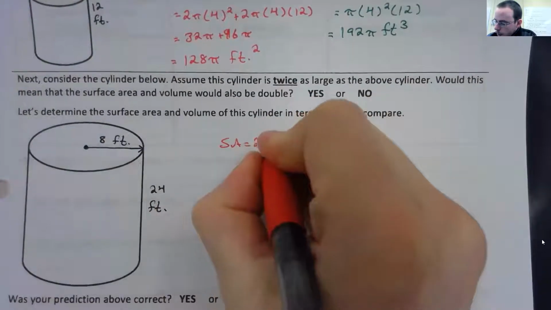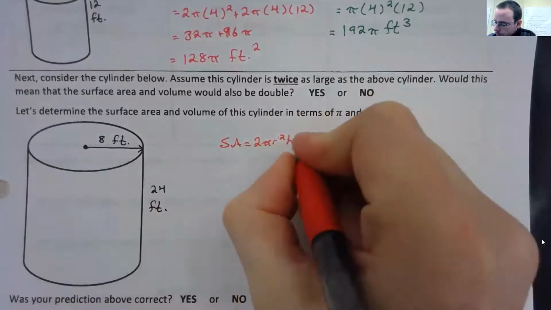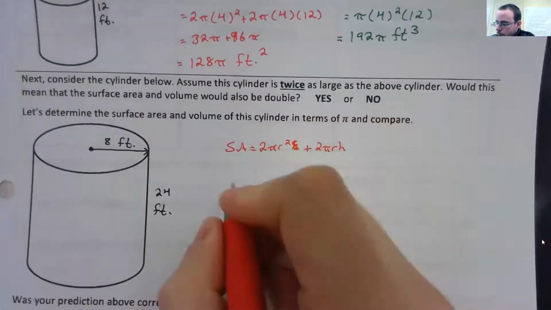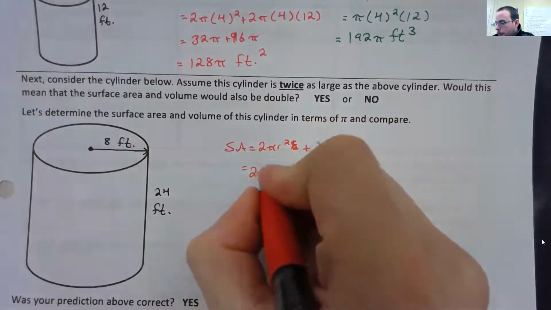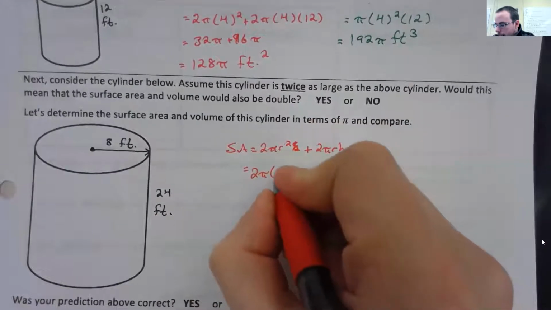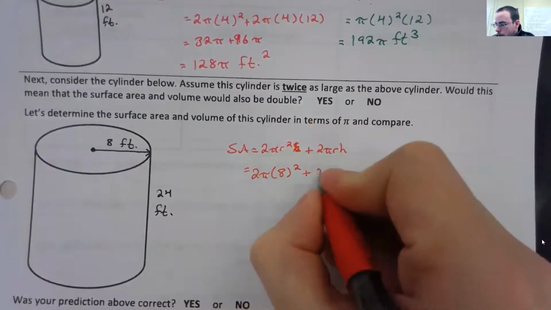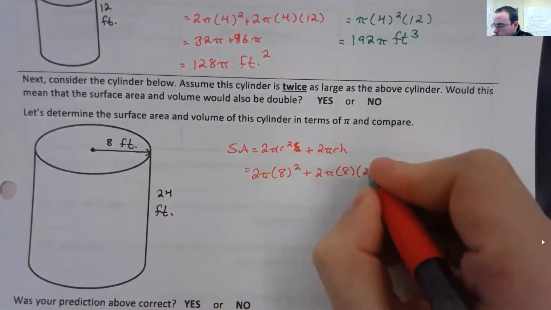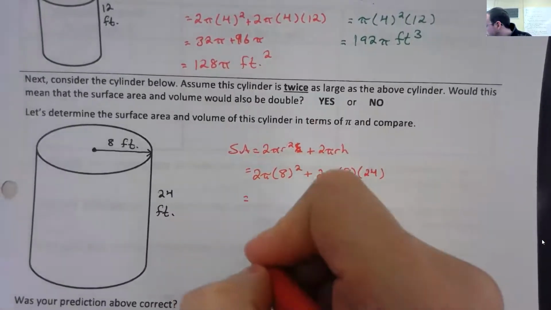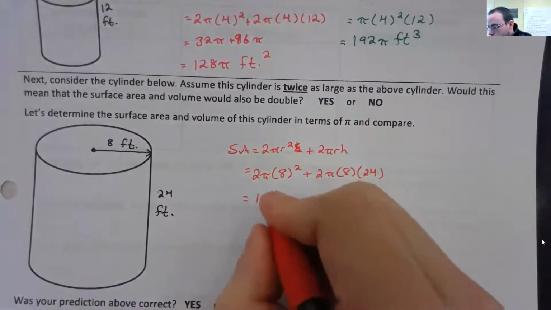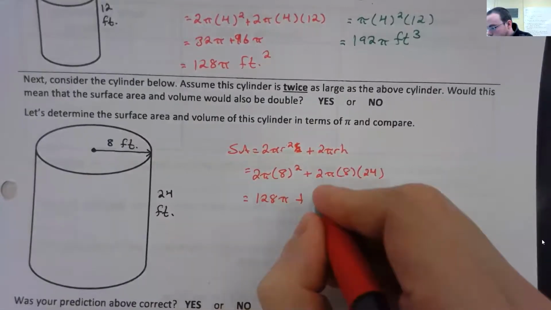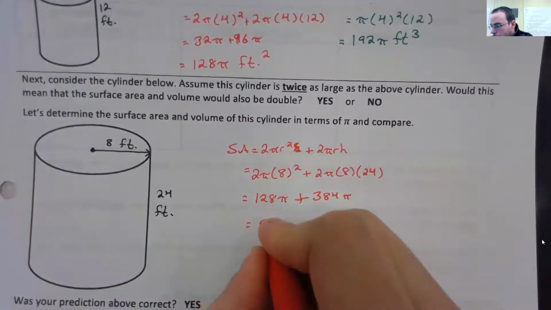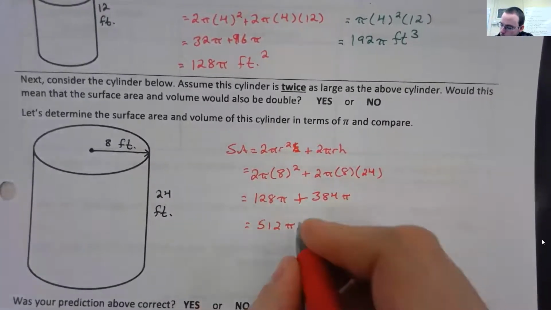So we've got 2 pi r squared plus 2 pi r h. 2 pi times r squared, where r is 8, and h is 24 now. When you multiply that out, you get 128 pi plus 384 pi, which is equal to 512 pi feet squared.